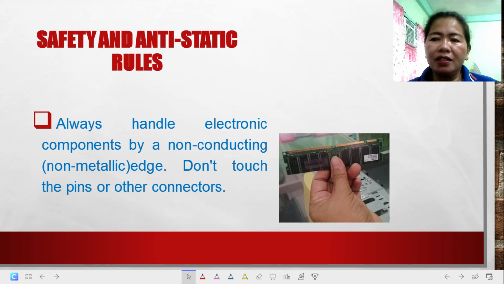In the illustration, I am holding a RAM by the areas that are not considered metallic parts. The parts in gold color are the metallic parts, which are very sensitive, and that part should not be touched. So that's it. Always handle electronic components by a non-conducting edge.